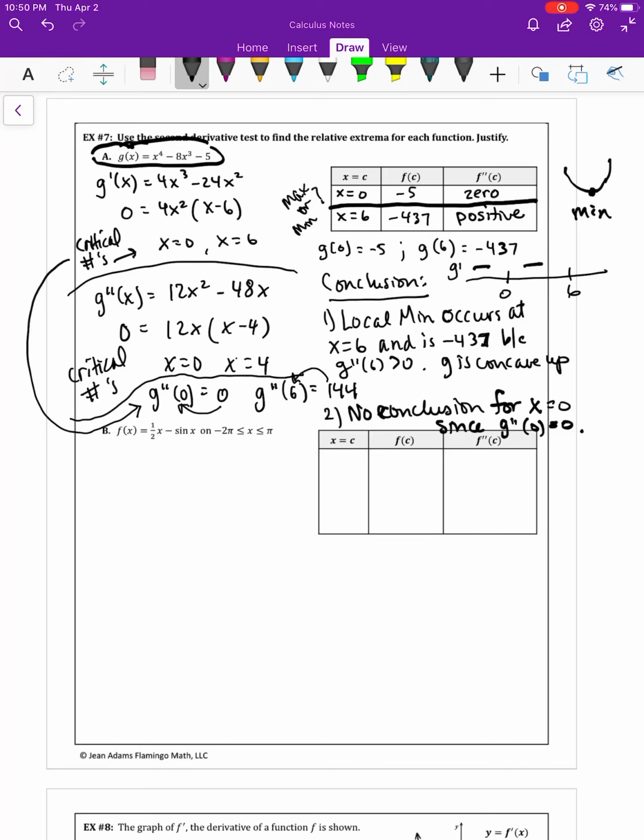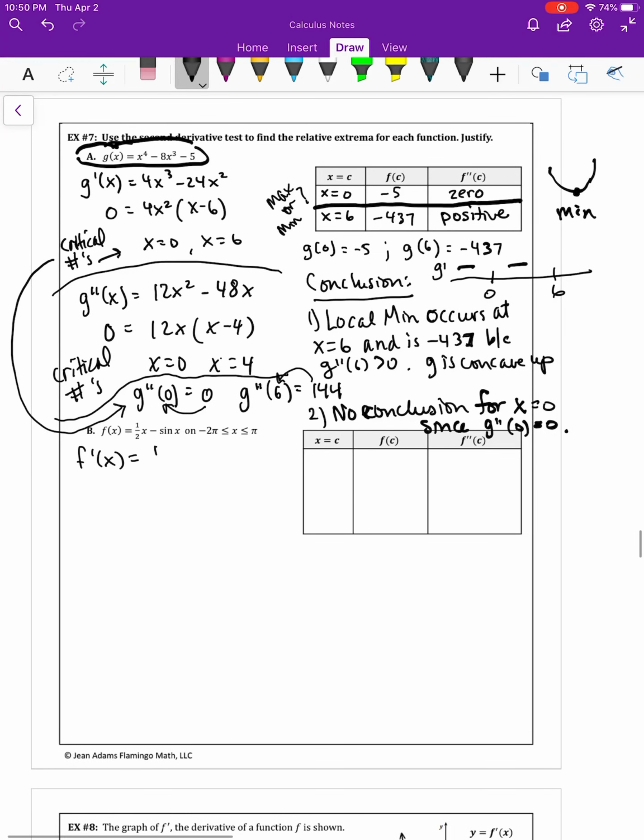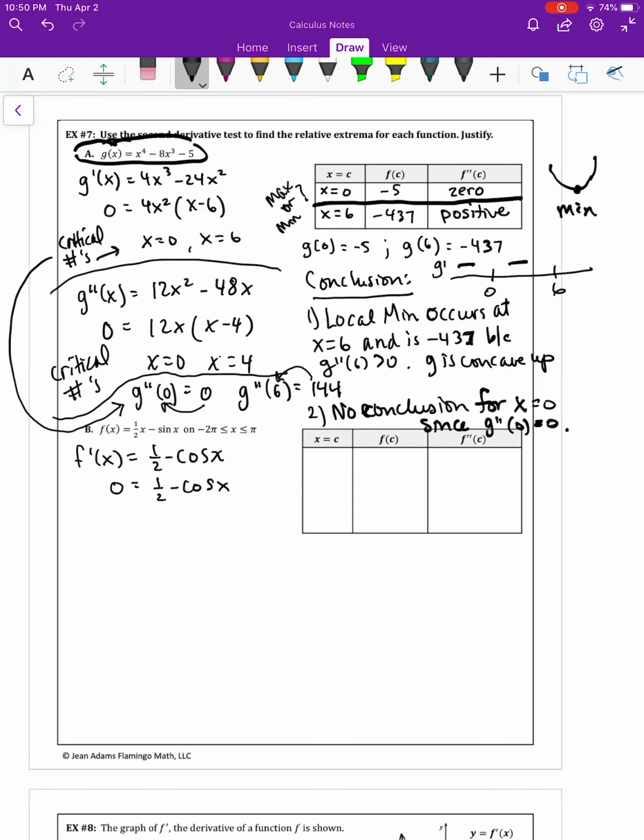All right, so let's look at part B. We're going to take the derivative. So this is going to be 1/2 minus cosine x. I went ahead and set it equal to 0 because remember you're trying to find your critical points and then use the second derivative to see whether they're maxes or mins, okay?